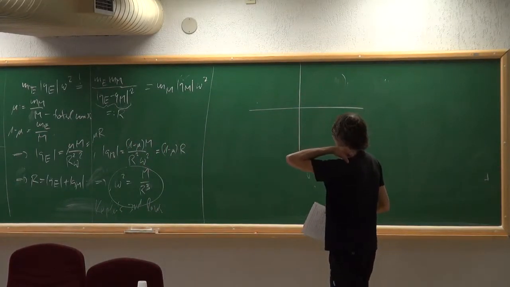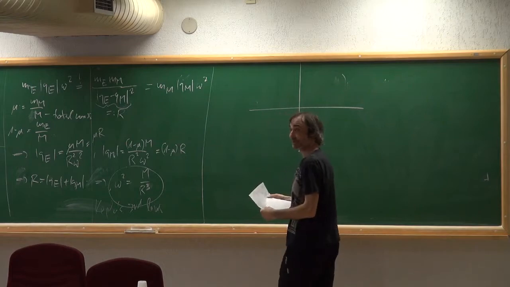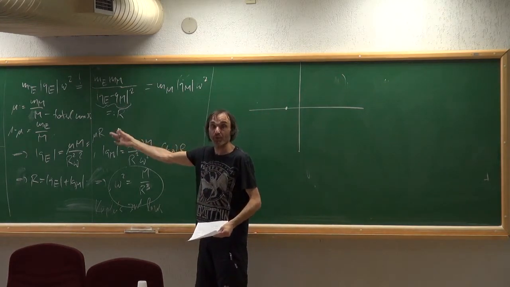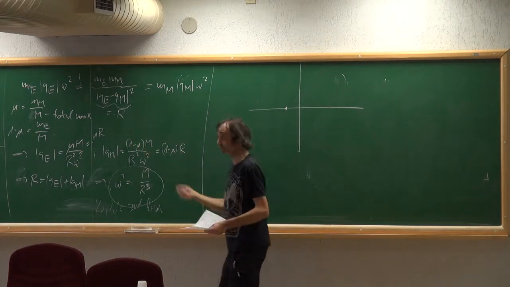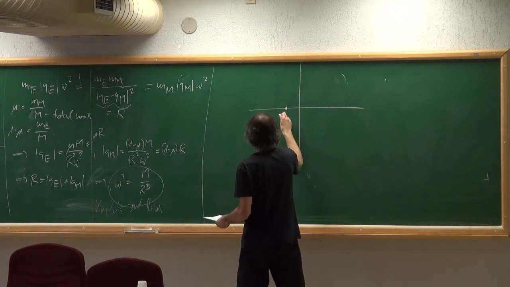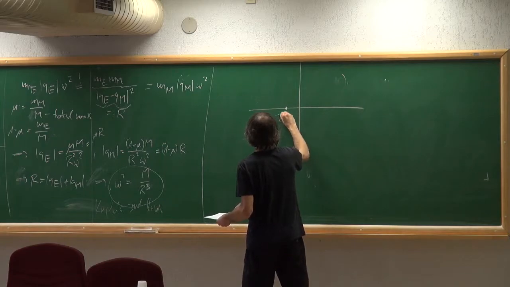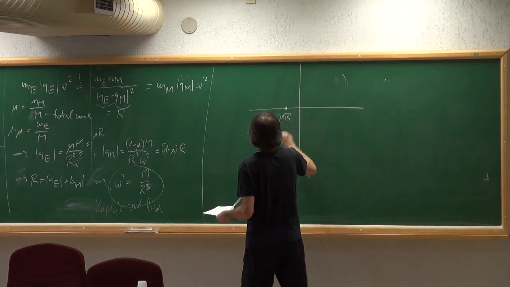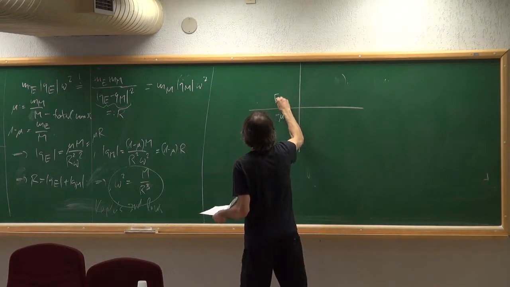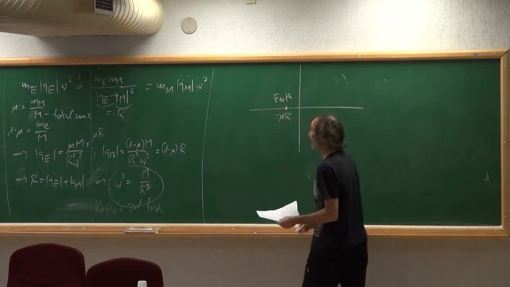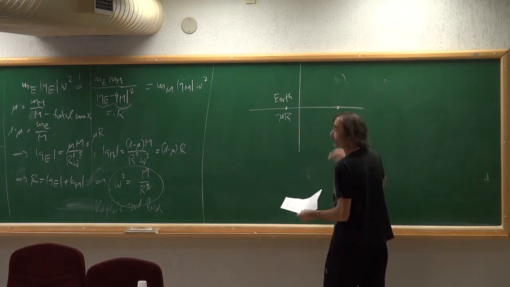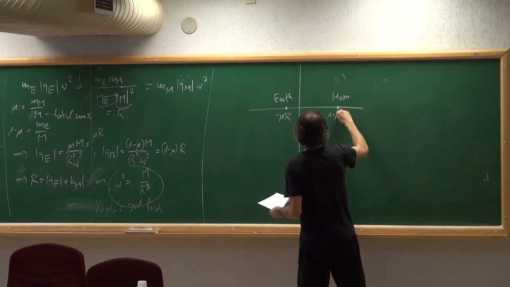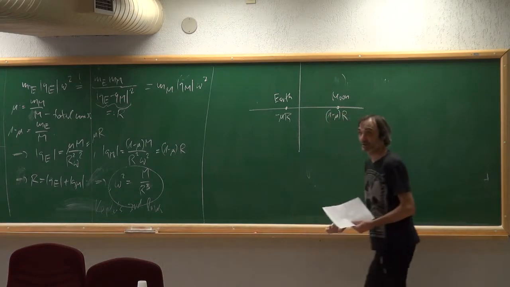And so the heavier body, the Earth, is somewhat closer because mu, and think of mu as being smaller than 1/2. So this is at, and let's normalize this to put this at minus mu times R. So this is the Earth. And we have the moon somewhere further away at 1 minus mu times R.